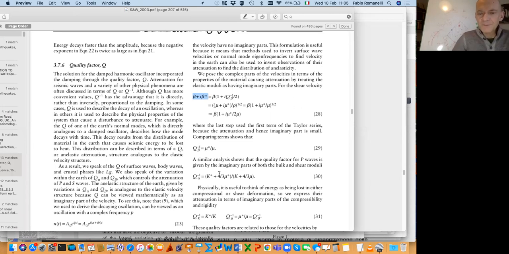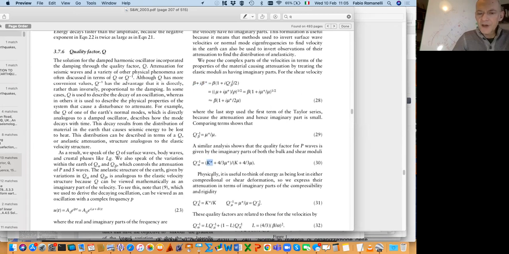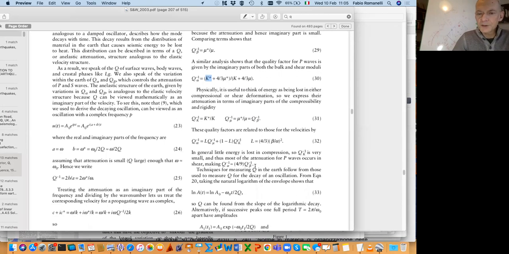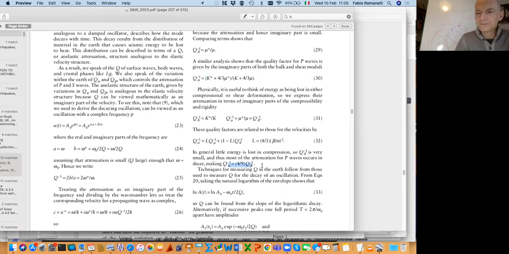Q beta, Q alpha, K is the bulk modulus, and then with an approximation here, you find your answer. So I did your homework. Nice. So the answer is here.